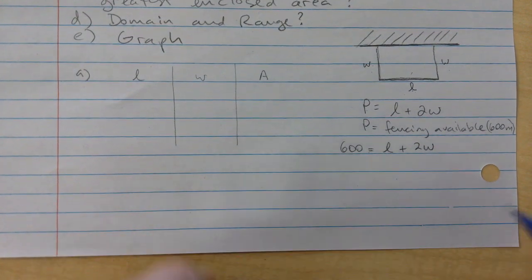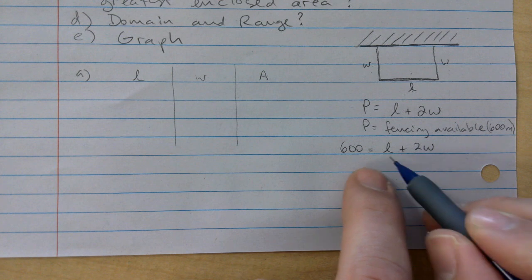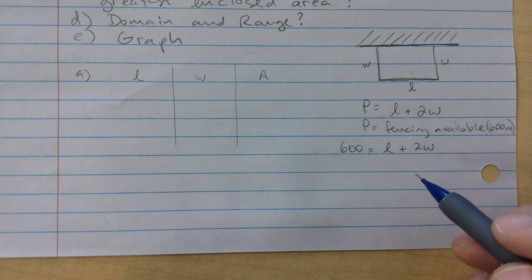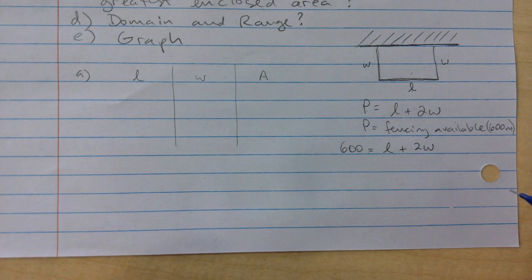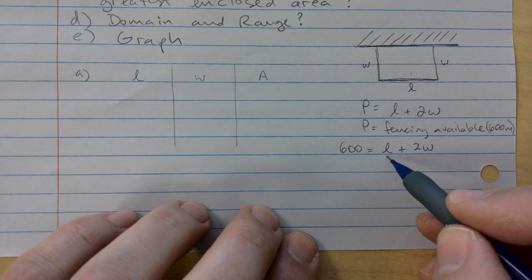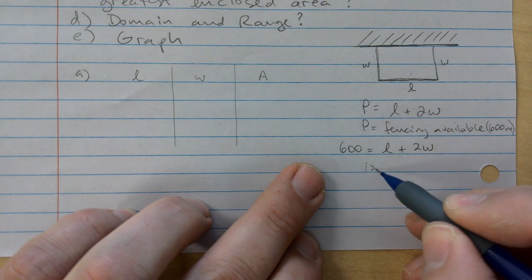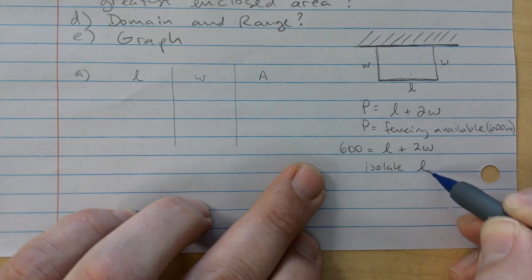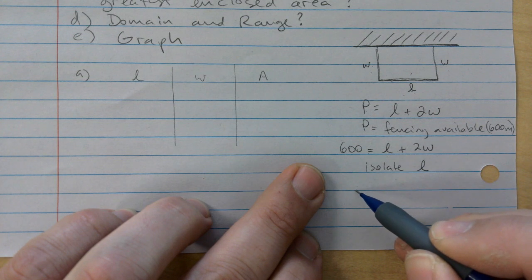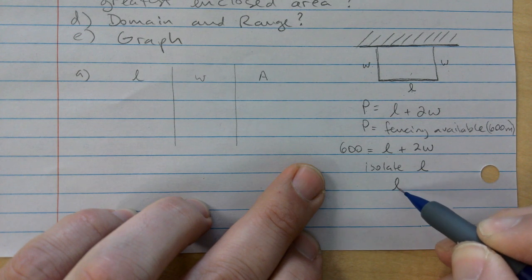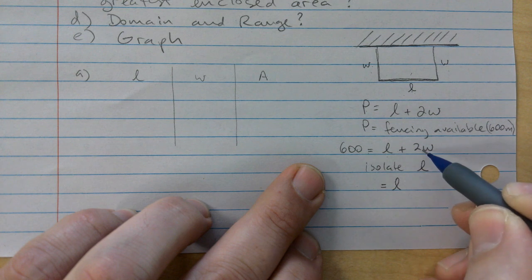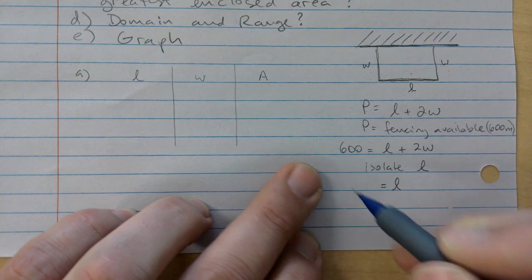And so what you want to do is isolate one of those. I gave you the steps where you isolate L. You isolate L here, okay? So L is already there on this side. I'm going to bring the 2W over to this side.